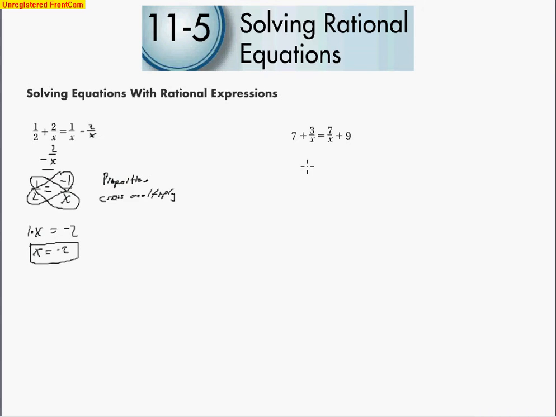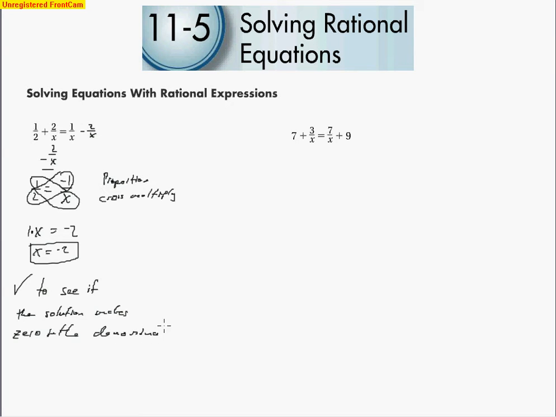Now whenever we're solving one of these, you always want to check your solutions. Check to see if negative 2, if this number makes 0 in the denominator. Check to see if the solution makes 0 in the denominator.